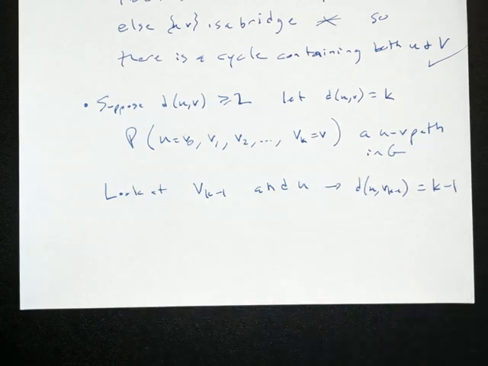It actually does help me with something. We wanted U and V to be the small. I found something that's smaller, but U and V were the smallest distance that did what? Which means that Vk minus 1 and U are on a cycle.